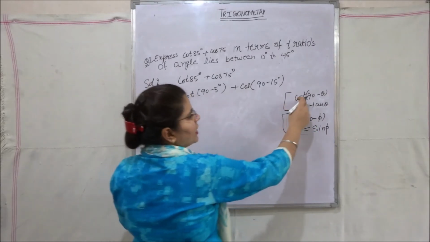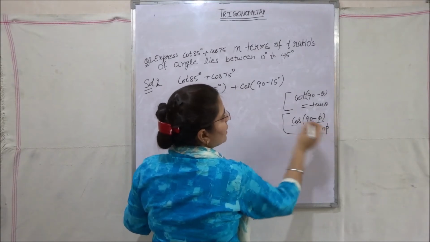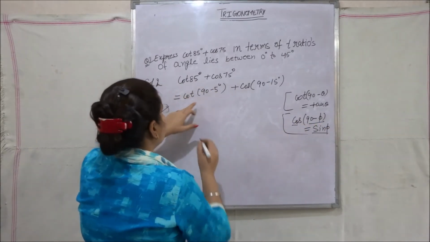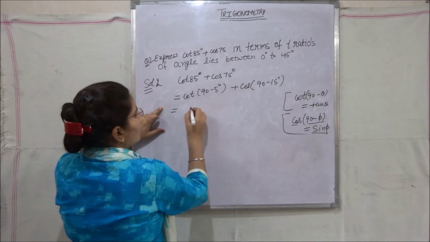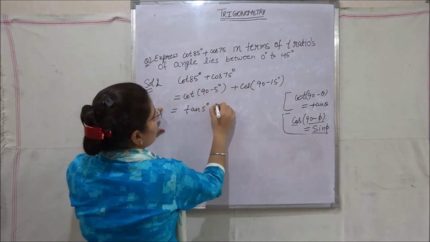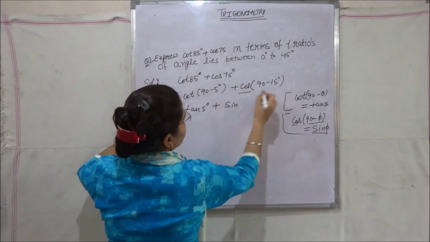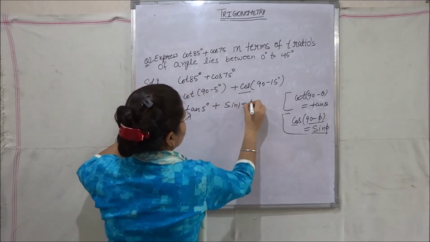So cot of 90 minus 5 is tan 5 degree, plus cos of 90 minus 15 is sin 15 degree.